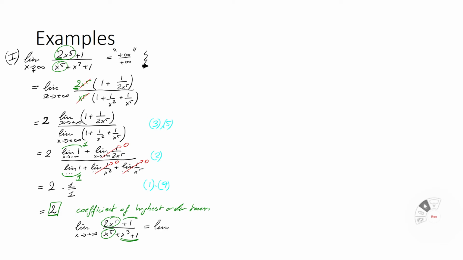So this limit is whatever you get if you neglect the terms that are not the highest order, and then you can see that this quickly becomes equal to 2. So looking at the highest order terms also works in more general cases than just pure rational functions.